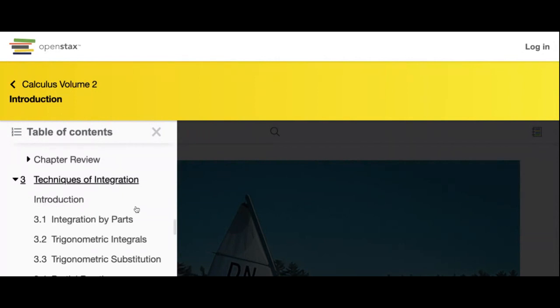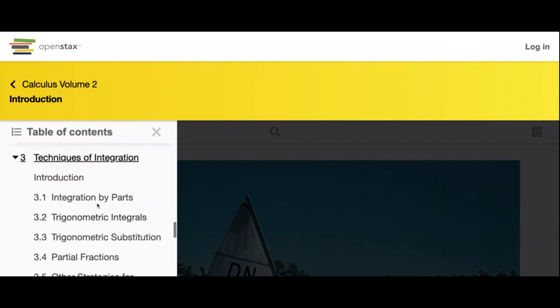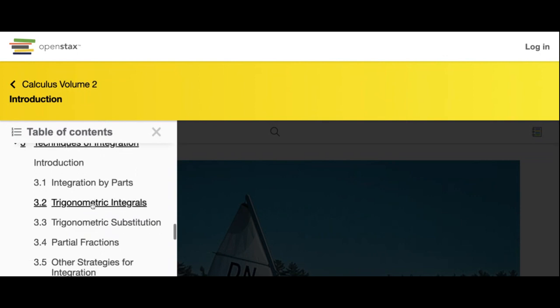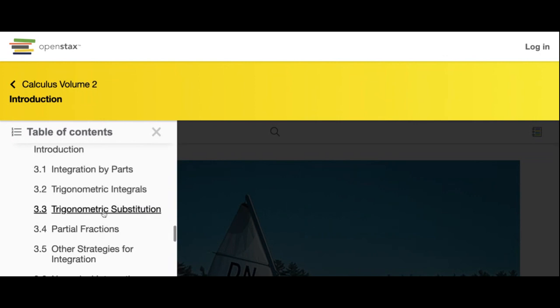Chapter 3, techniques of integration, integration by parts. You should master this, okay, integration by parts, because it's a very basic skill, and it's widely used. Trigonometric integrals, substitutions, partial fractions.